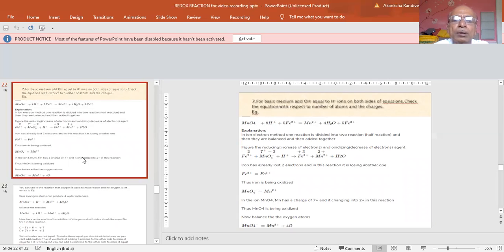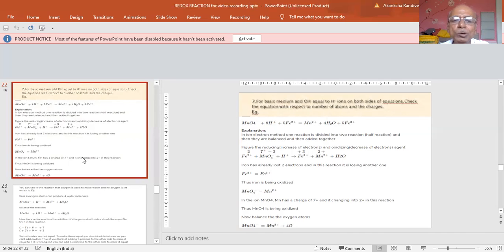In MnO4 minus, the oxidation number of Mn is 7 plus, plus H plus, that is equal to Fe3 plus, Mn2 plus, and H2O.